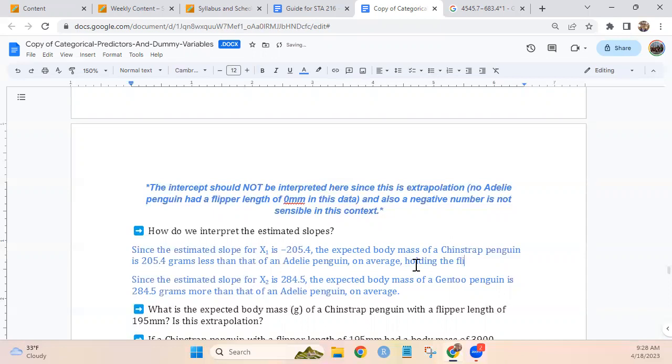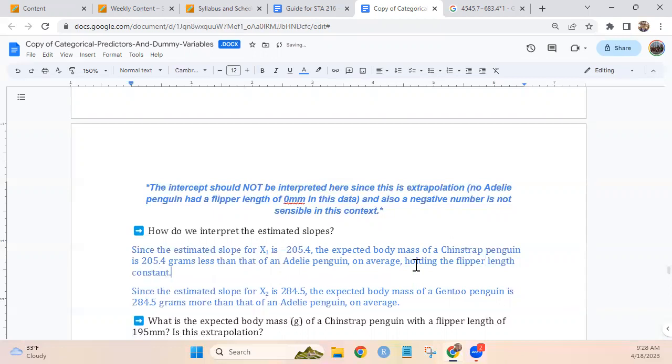Holding the flipper length constant, right? It's an important thing to mention because, especially in this context, if you think about comparing two penguins, one's a Gentoo penguin, one's an Adelie penguin, they probably have different flipper lengths on average.